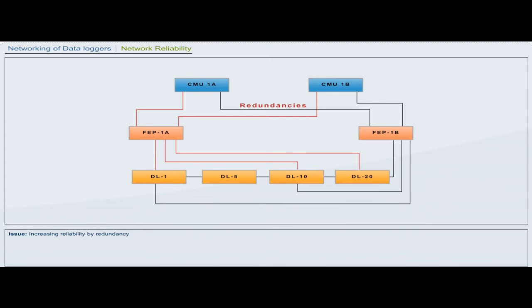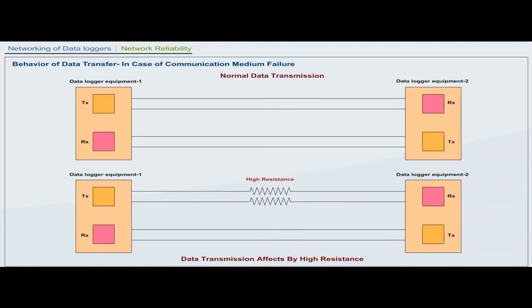Issue: increasing reliability by redundancy. Failure of the FEP, CMU or software in them causes loss of data of many stations. To avoid it, redundancy of these equipment is catered for. Behavior of data transfer in case of communication medium failure.